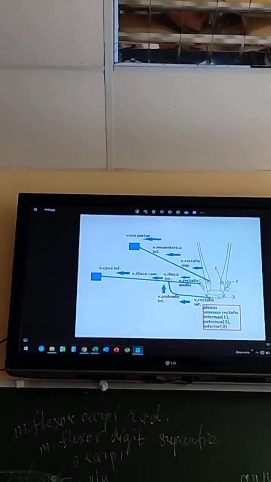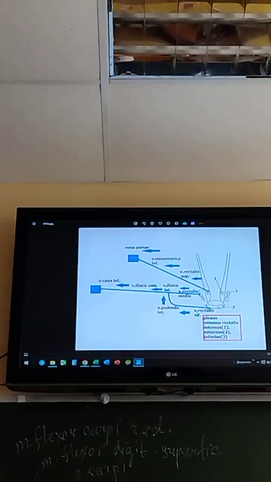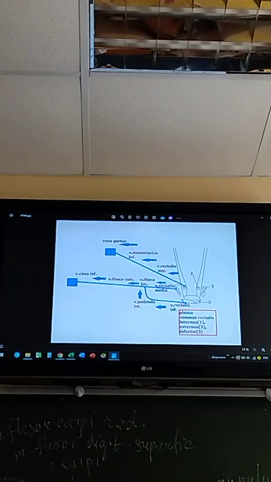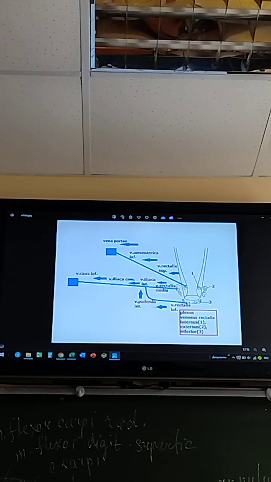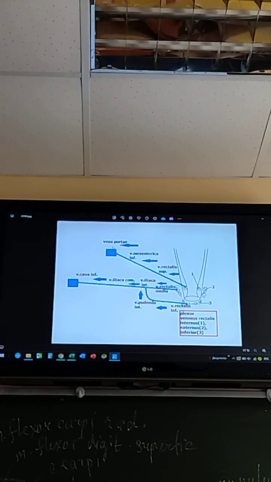The superior rectal vein drains into the inferior mesenteric, a tributary of the portal vein. The middle rectal drains into the internal iliac, which forms the common iliac and inferior cava. The inferior rectal vein drains into the internal pudendal and internal iliac, common iliac.